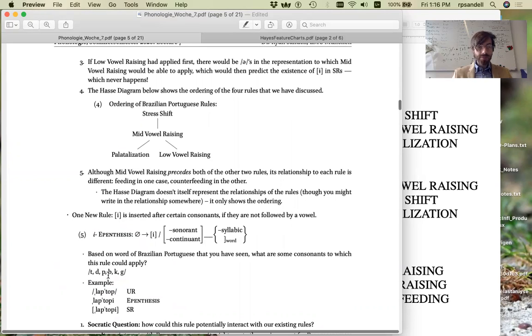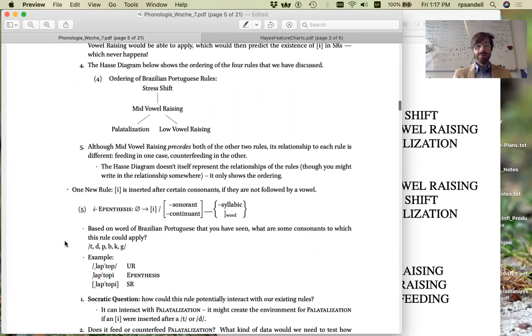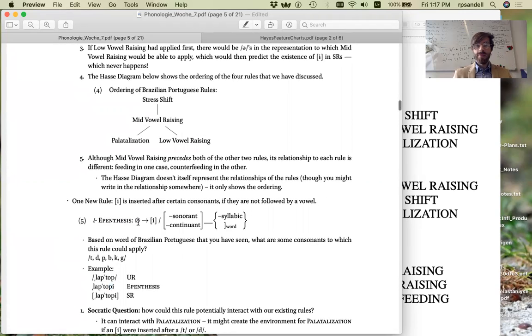In this case, we're going to get epenthesis of that E at the end of a word, because here we have a non-sonorant, non-continuant sound, and that's at a word boundary. Let's consider how this rule might also interact with our existing rules.